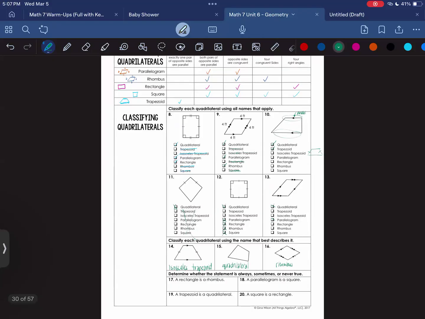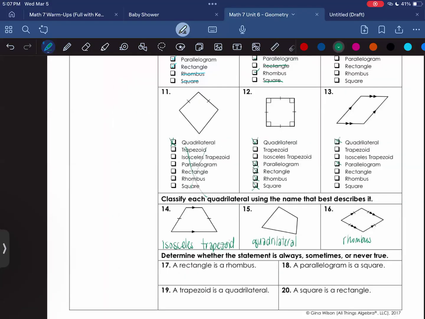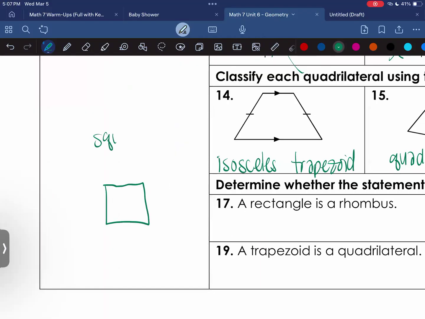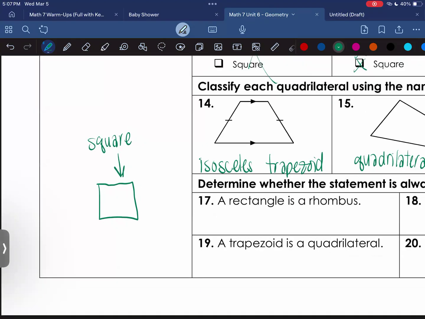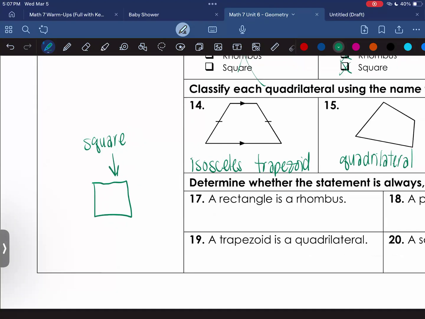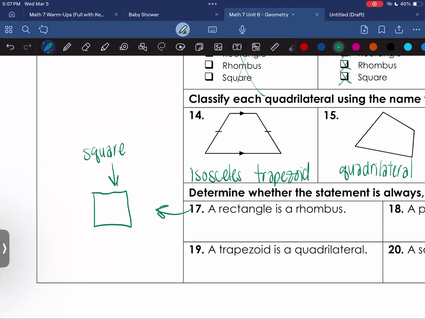I tried my best to draw this. I'm going to classify this as a square. Okay. Is this technically a rhombus, though, also? Yes, it is. Is this technically a rectangle? Yes, it is. It meets all the categories that a rectangle and a rhombus both have. So that's an example right there where this will work. So sometimes would be our answer here.